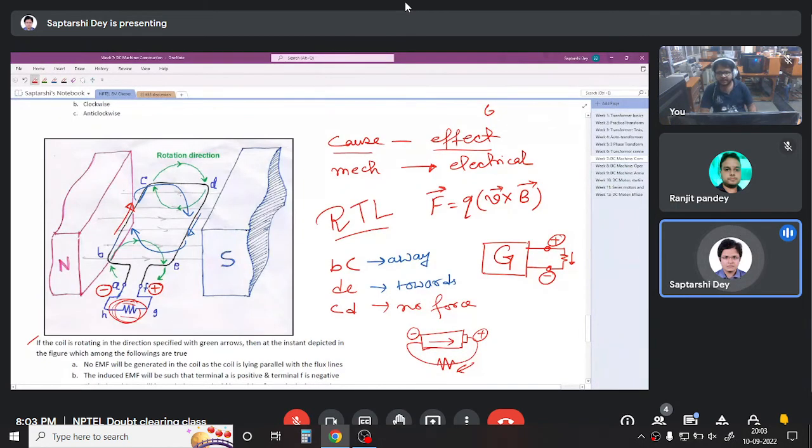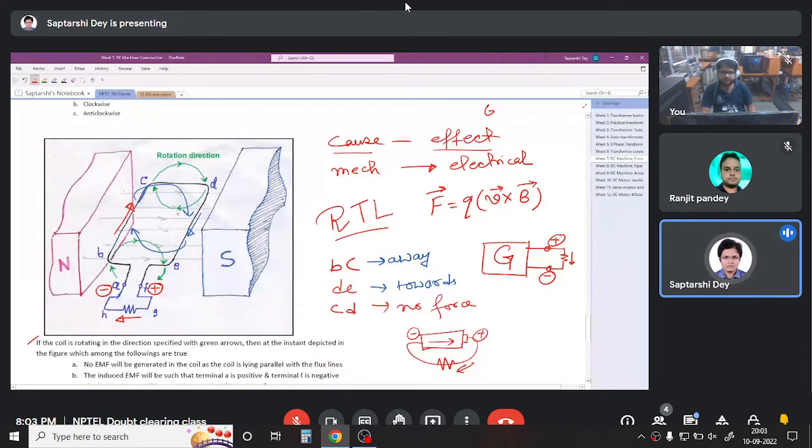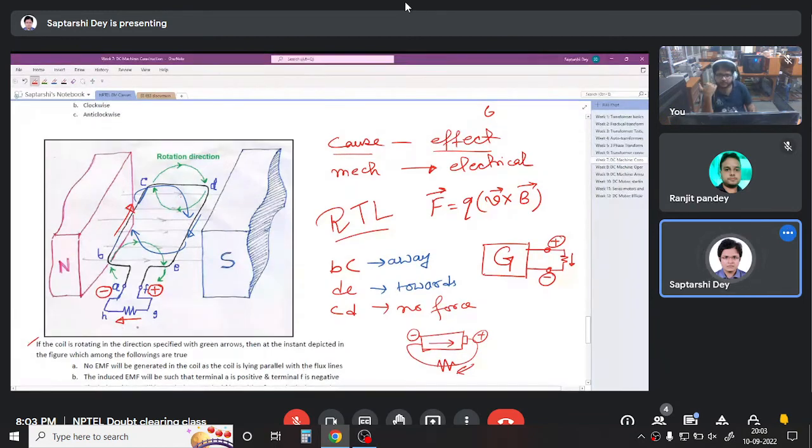When DE is here, I will have a positive current. When DE is on the other side, I will have current in the other direction. Is it clear? When BC was here, I had a current in this direction. When BC goes the other side, BC conducts current the other way. So the current becomes opposite.